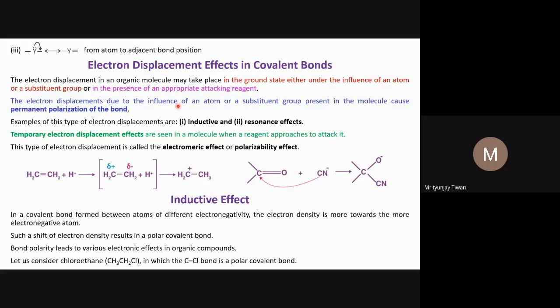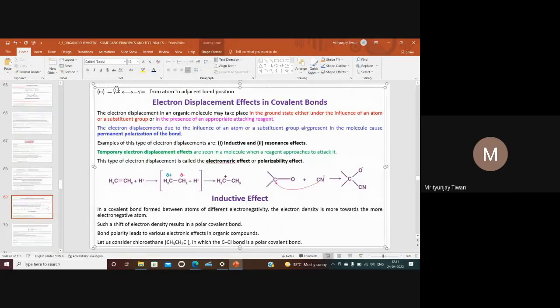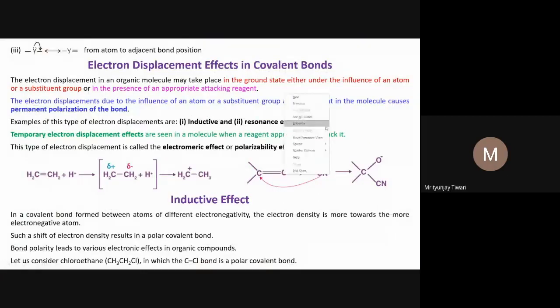The electron displacement due to the influence of an atom or a substituent group already present in the molecule causes permanent polarization of the bond.